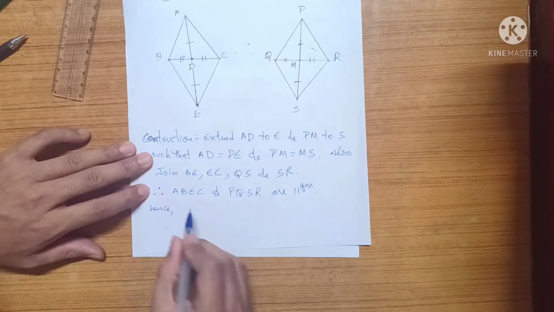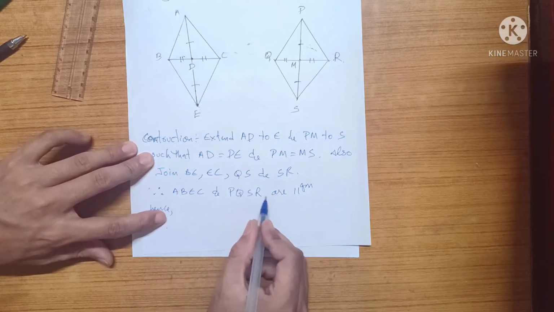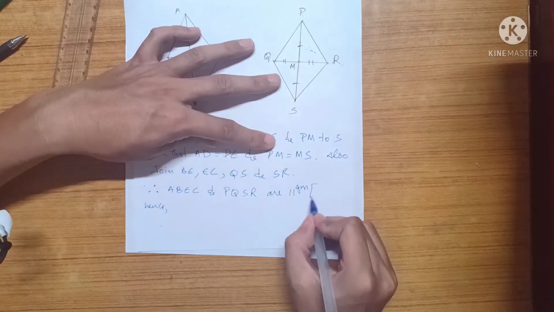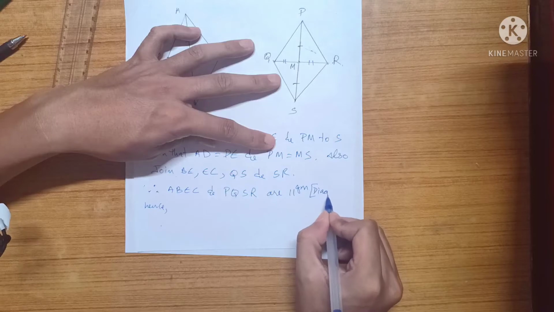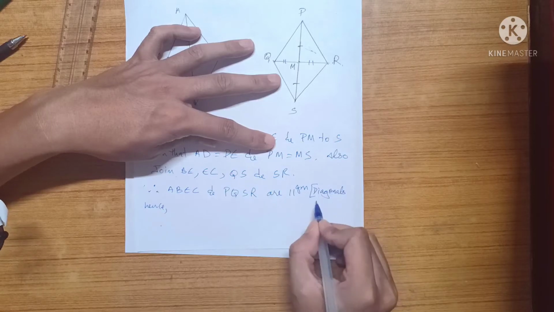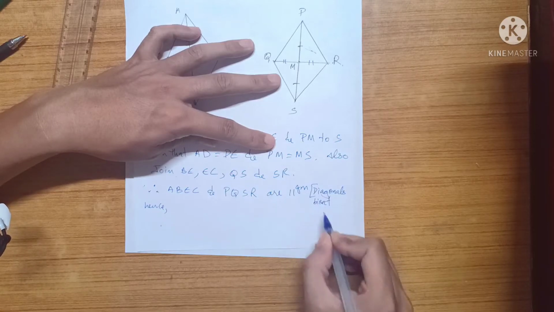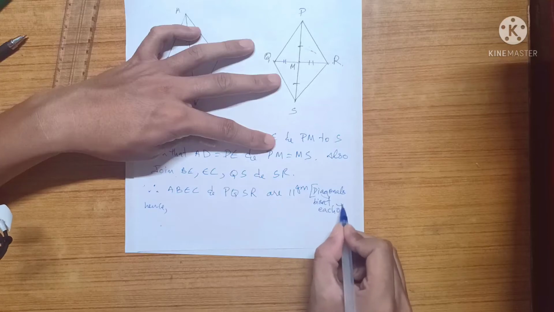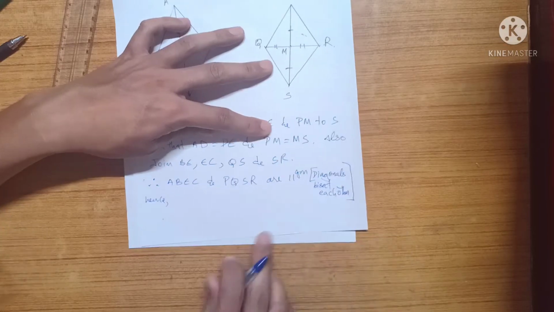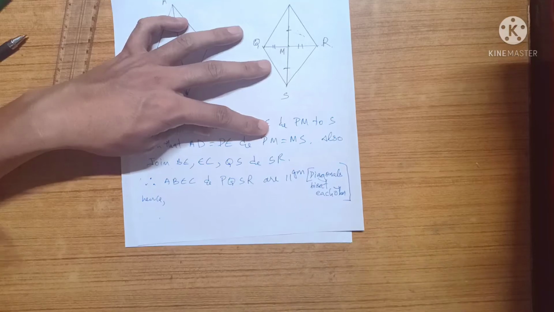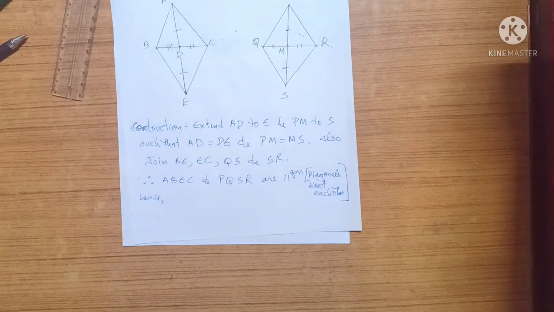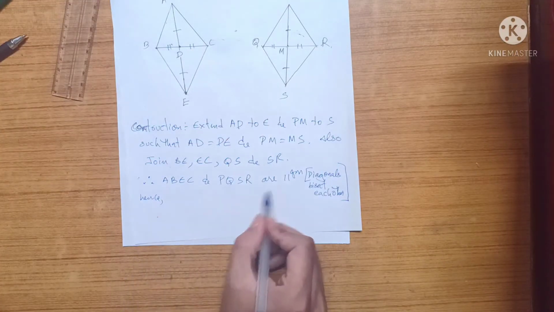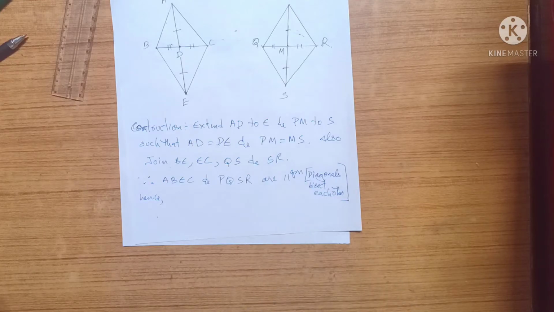Hence, since ABEC and PQSR have diagonals bisecting each other, let's write that as the reason: these diagonals bisect each other, in case you cannot read properly. So this and this are parallelograms. Why? Because diagonals bisect each other.